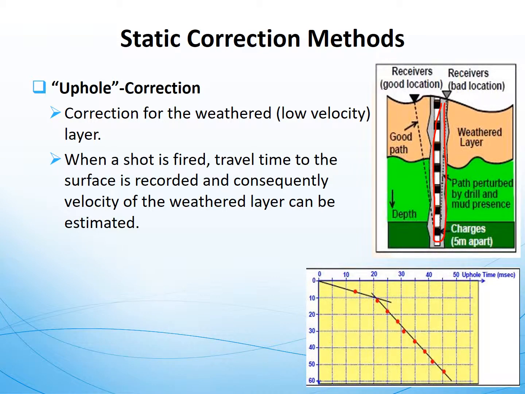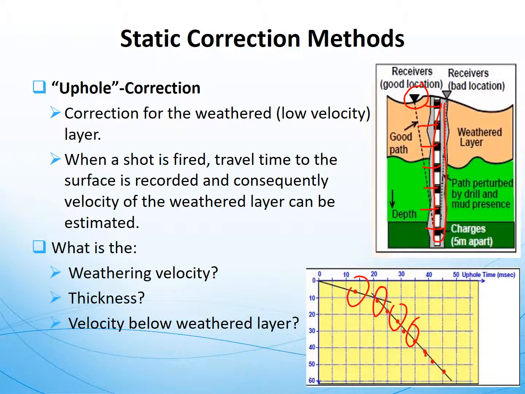Therefore, you have different depth values recorded by the receivers, and you will get different points on your graph, after which you can fit a single line and calculate the velocity from the line. From here, you can easily identify the weathering velocity, the thickness, as well as the velocity below the weathered layer.